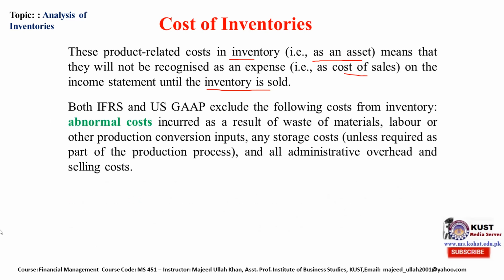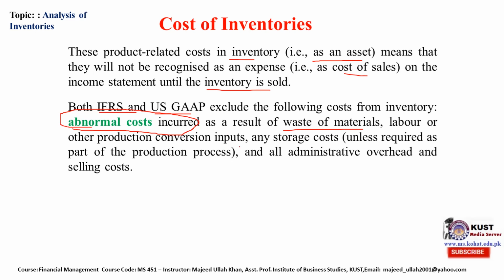Both IFRS and US GAAP exclude the following costs from inventory. Any abnormal losses during the production process, which result in a waste of material or labor or other production overhead inputs.